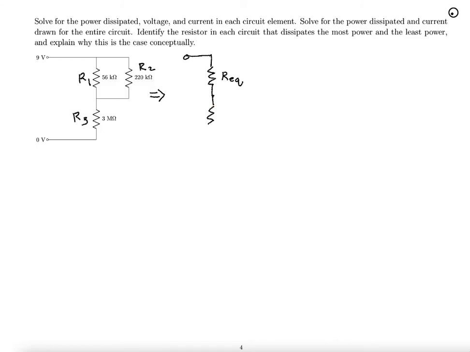So this will be a multiple step problem. So the same V supply of 9 volts, 0 volts, and R3 stays in place.